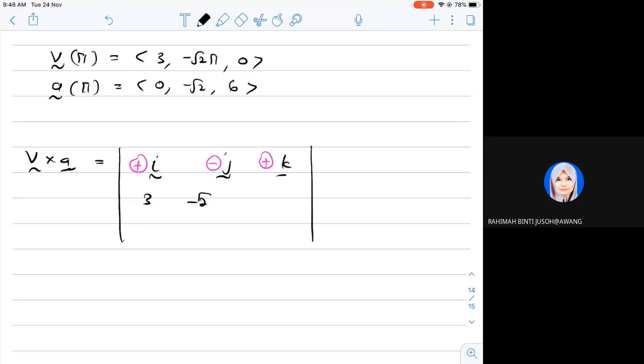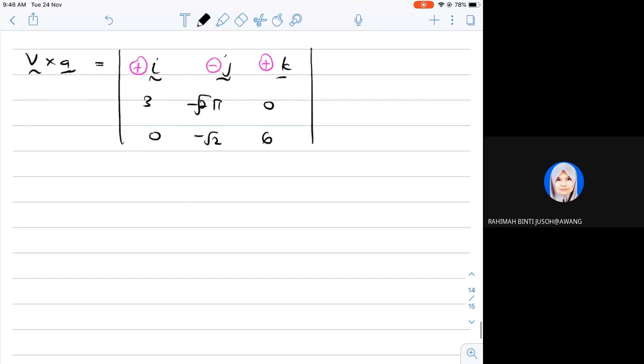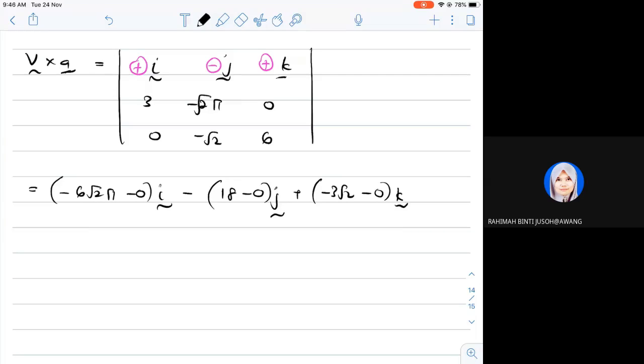The rows are 3, negative square root 2 pi, 0, and 0, negative square root 2, 6. Closing the first column, we get negative 6 square root 2 pi minus 0i. Then minus, closing the second column, we get 18 minus 0j. Then plus, we have negative 3 square root 2 minus 0k.